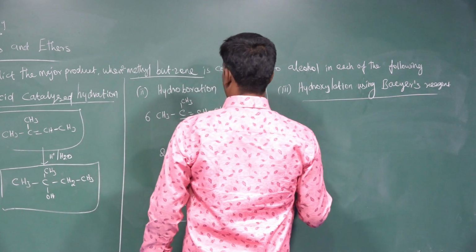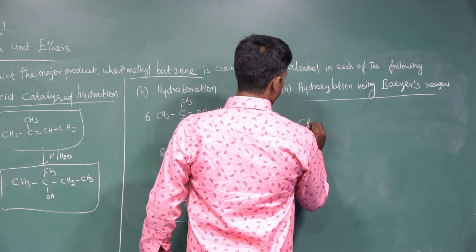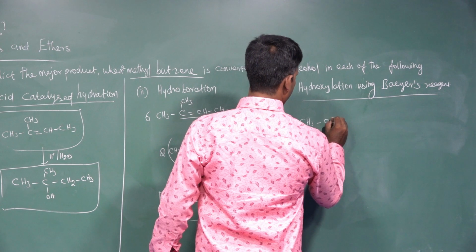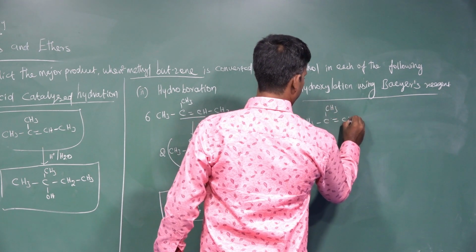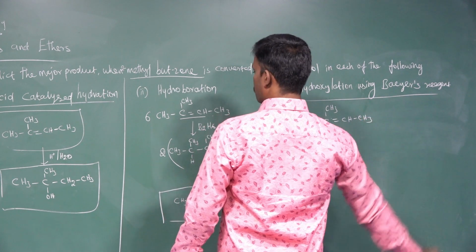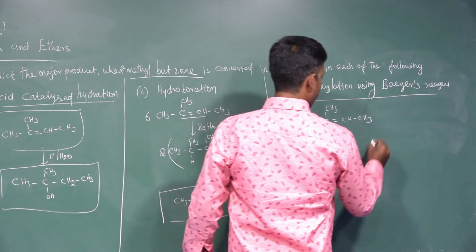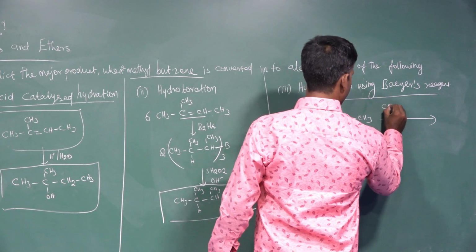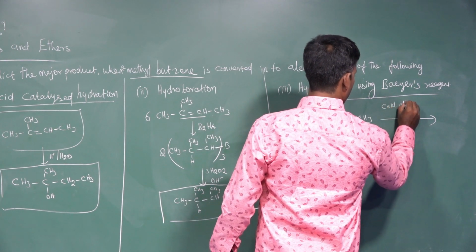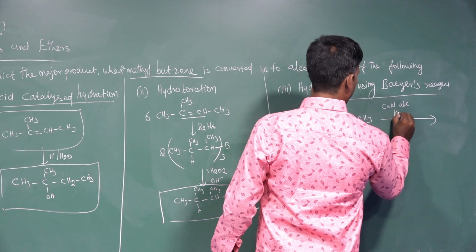So write the reactant, that is 2-methyl-2-butene. This is a reactant. When it is treated with the Baeyer reagent, which is nothing but cold alkaline KMnO4.